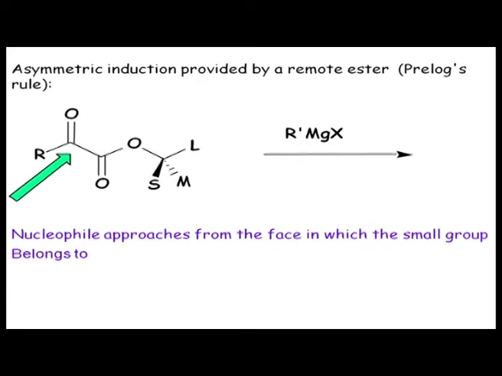If you take the alcohol, make this alpha keto ester and then do the Grignard reaction and analyze the end product, then if you work backwards, finally you can get the configuration of the alcohol.